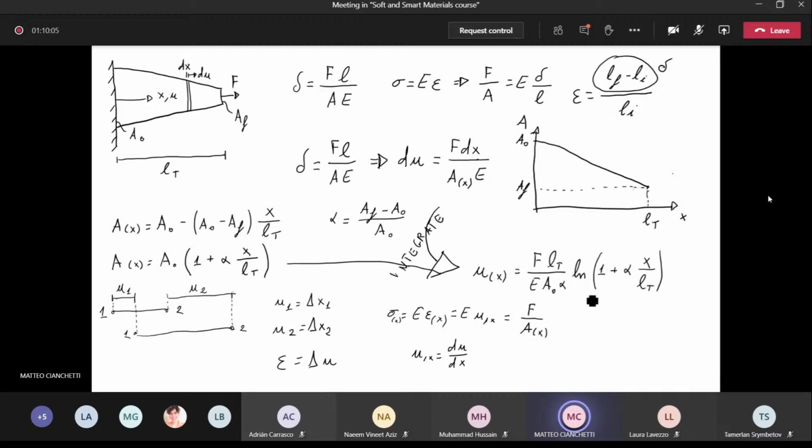The aim of a field problem is to find the distribution of mechanical quantities, in this case. And in particular, we found the distribution of U and the distribution of sigma, so displacement and stresses, with respect to X, since we are dealing with a 1D bar element problem. Okay?